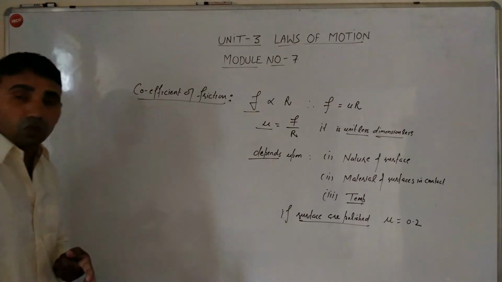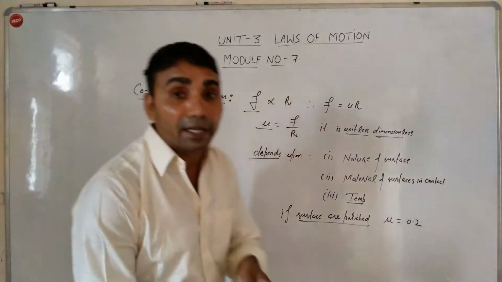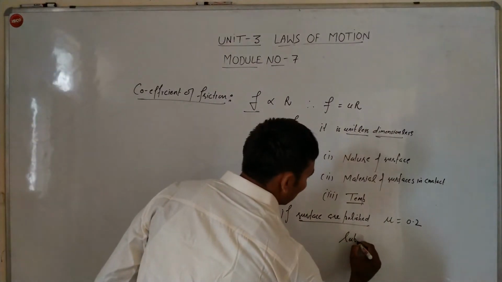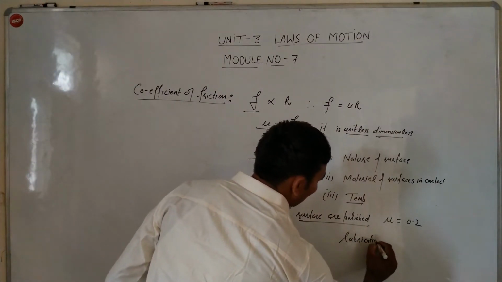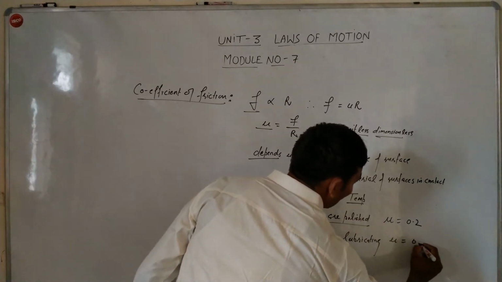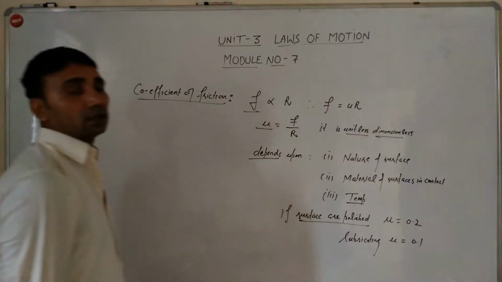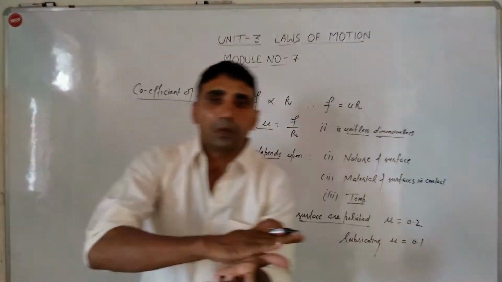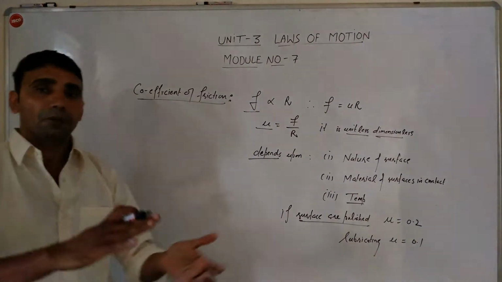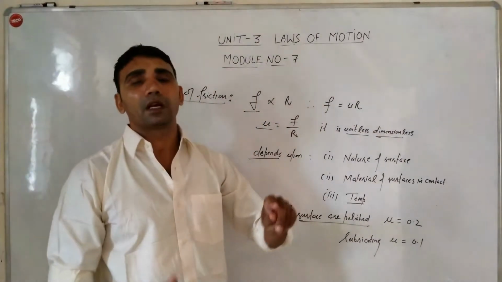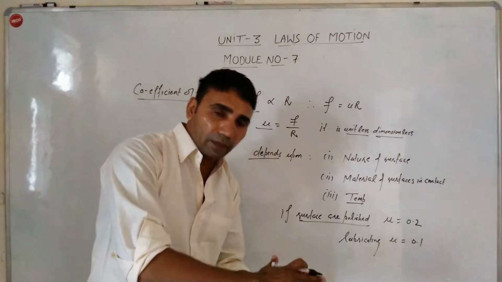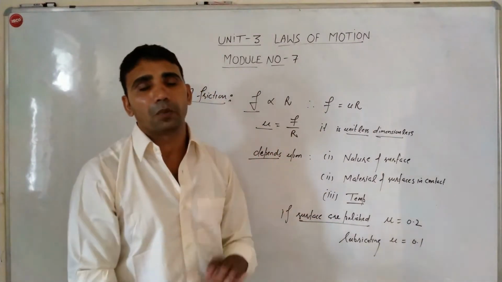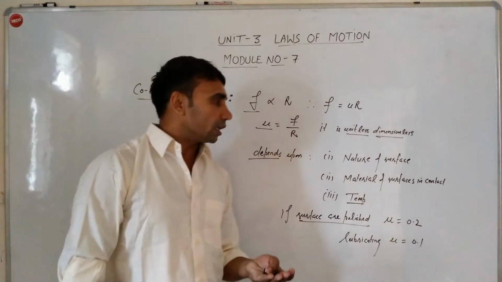If these two surfaces are lubricated, means we lubricate them with lubricating oils, grease, or any other materials, then the coefficient of friction is again reduced.